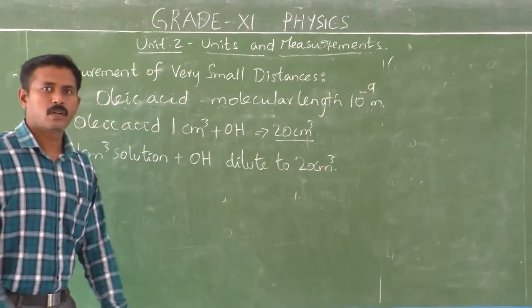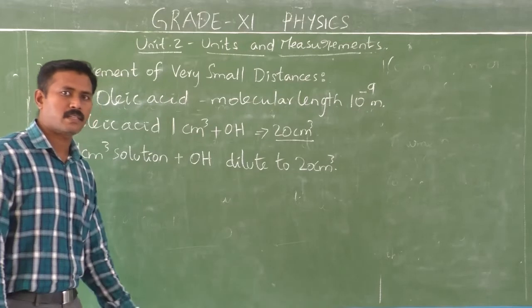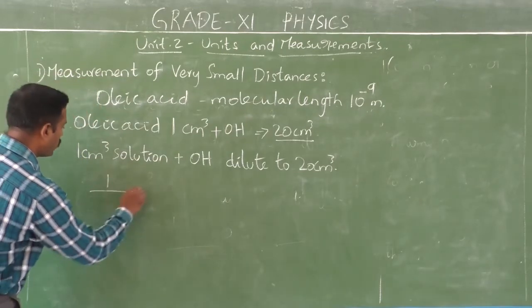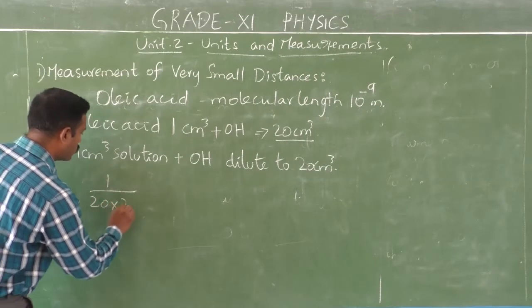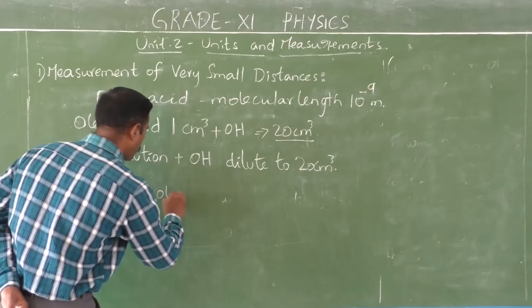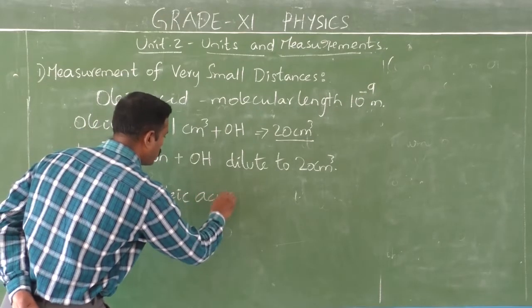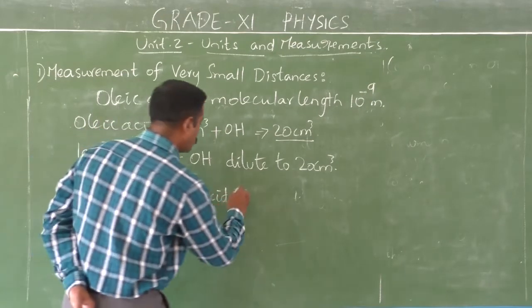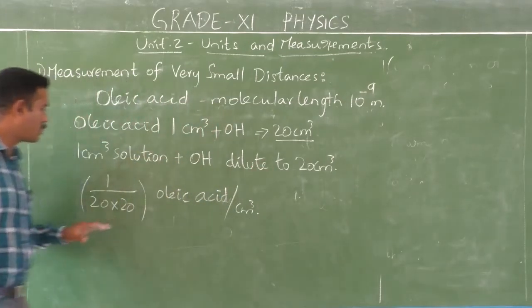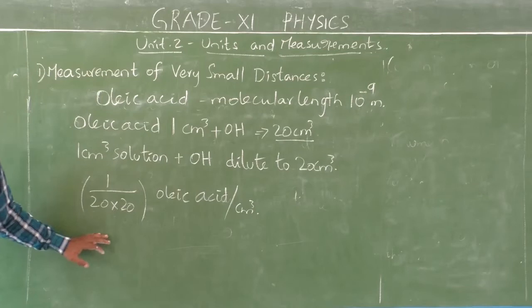So the concentration of folic acid present finally in the solution is 1 by 20 into 20 folic acid per centimeter cube. So this is the concentration of folic acid present now.